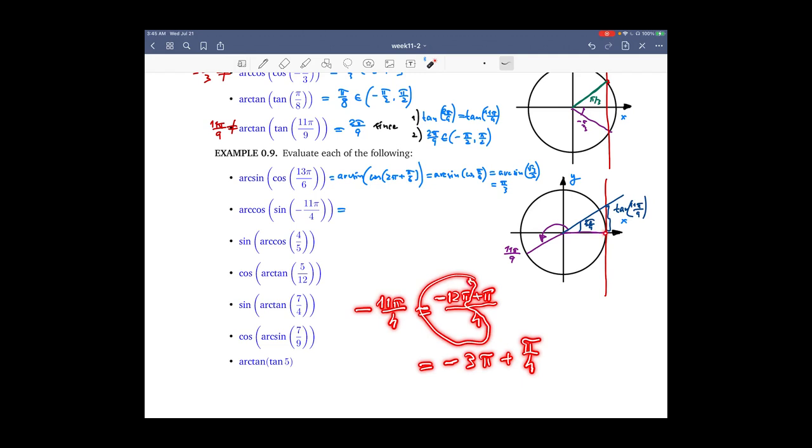Where is negative 3 pi? Negative pi, negative 2 pi, negative 3 pi. And now from this point, we move in positive direction by pi over 4. So we arrive here at this point. Sine at this point is negative sine at that point, and that's simply negative root 2 over 2. That's negative sine of pi over 4.